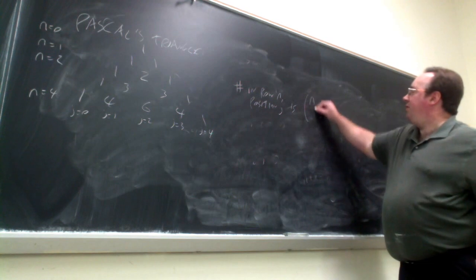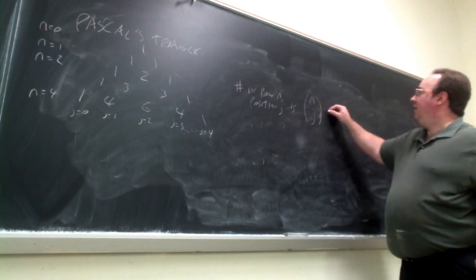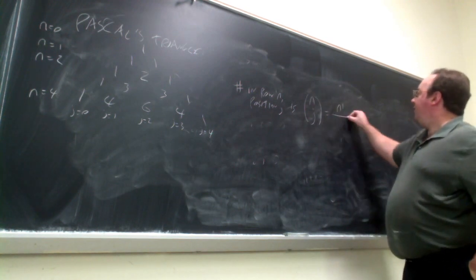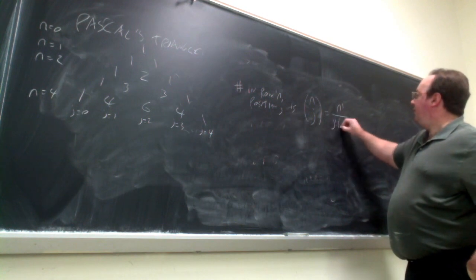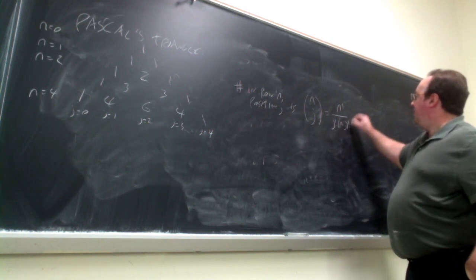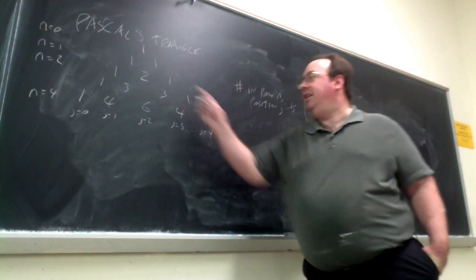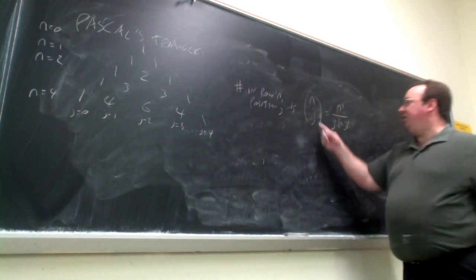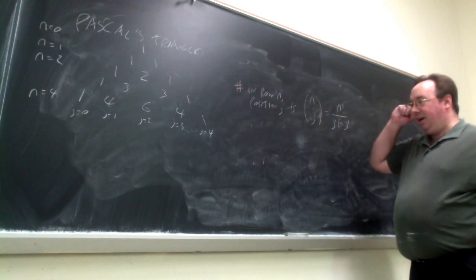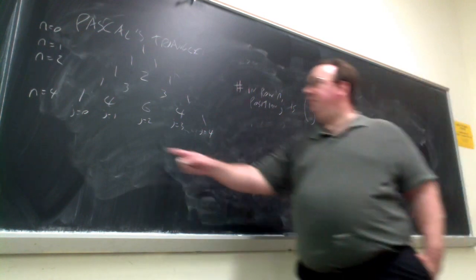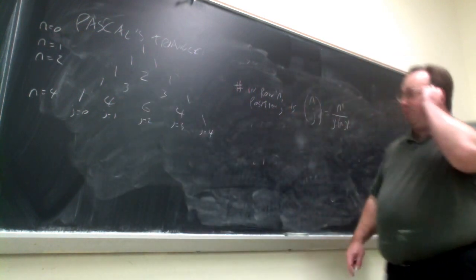Binomial coefficients. So n factorial over j factorial times n minus j factorial. And when j is equal to 0 or n, it's always 1. If j is equal to 1, then it's always equal to n, and so forth.